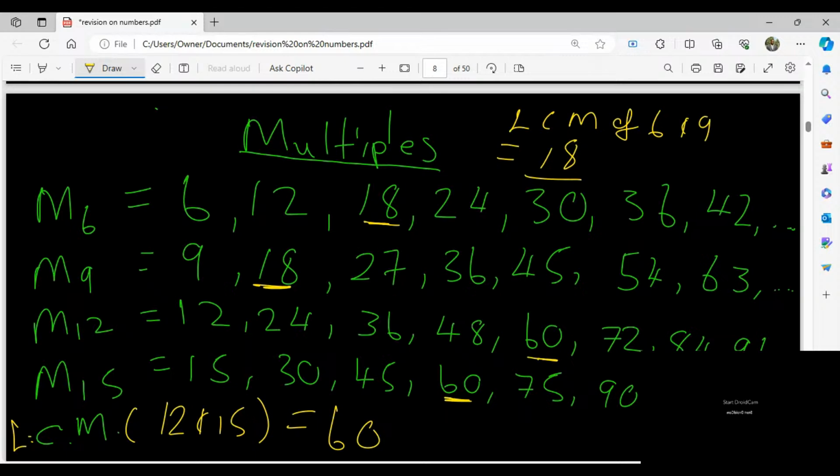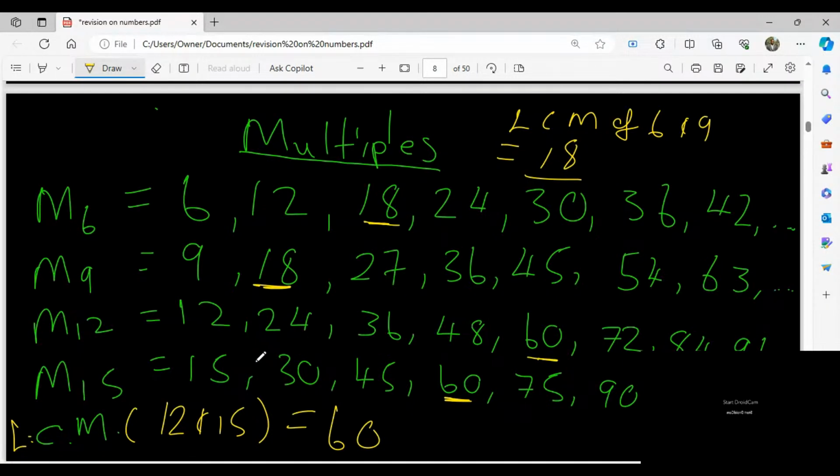This is one method. Of course, there's another method which we'll look at, of using indices, of using prime numbers or prime factors to find the common factors of any two numbers which you might have. Right.